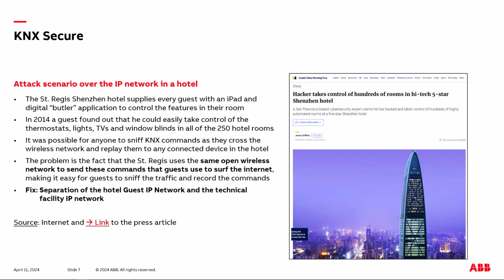You could send any traffic on the bus and overload the system, whatever it means. So here was a big mistake to put everything in one network, both the operation of the room and also the KNX Net IP network, let's say.